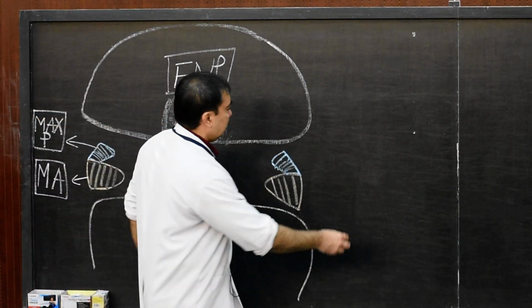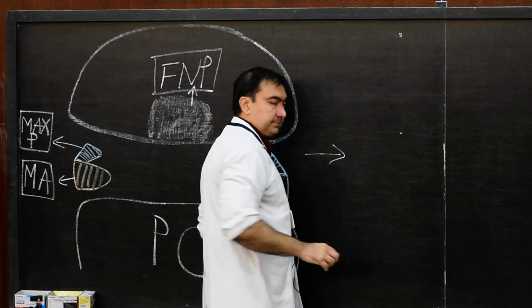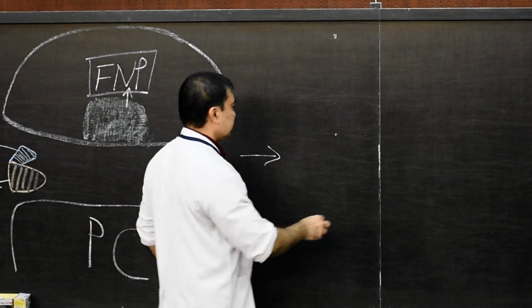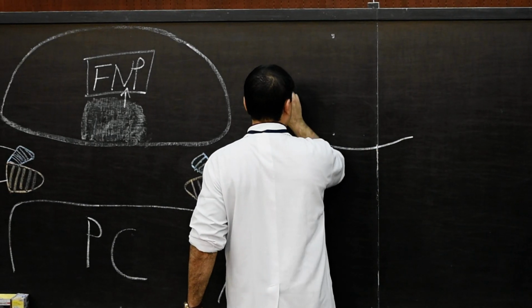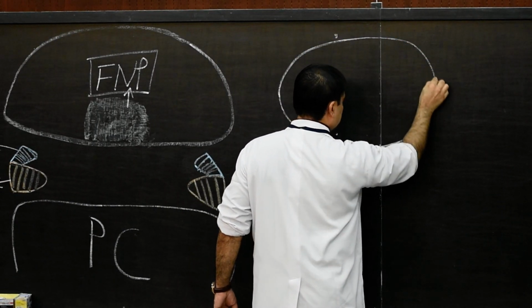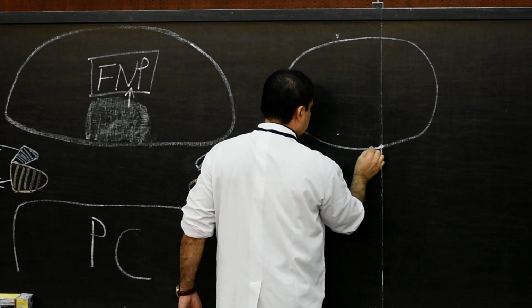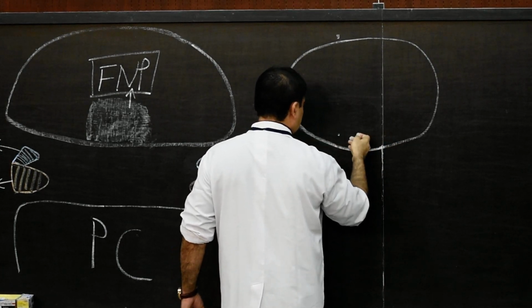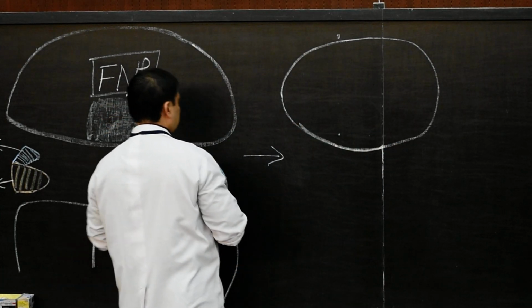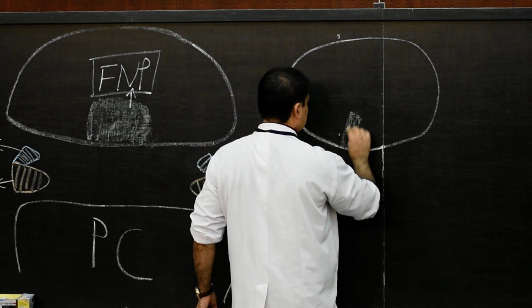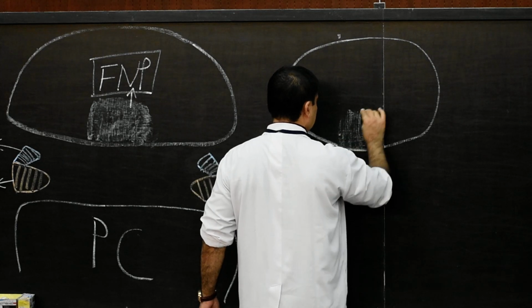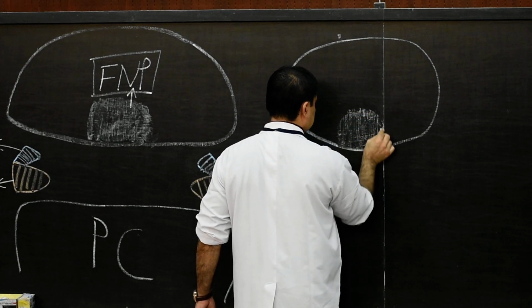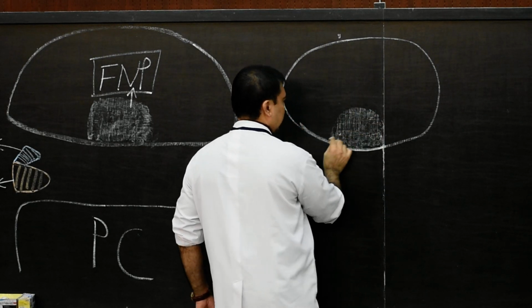Now, for the second diagram of the development of the face, we start with the same. But here what we do is, we have this bulging, we will change its shape in such a way that this will be projecting down. The frontonasal process, we will show it as projecting down.